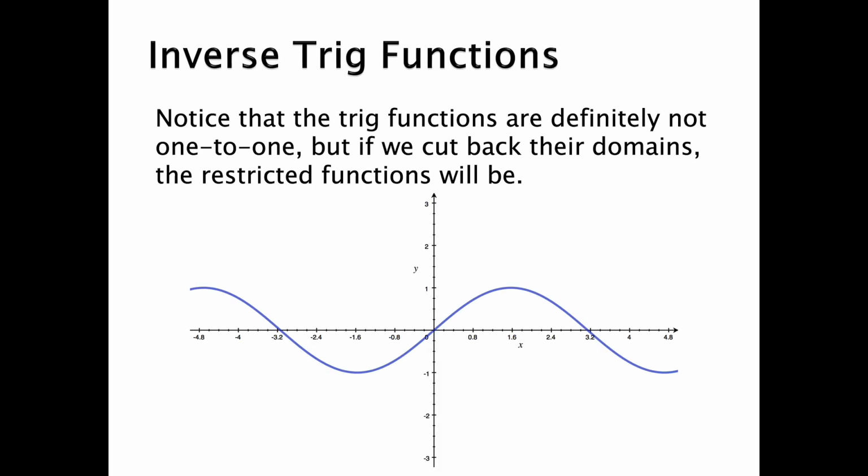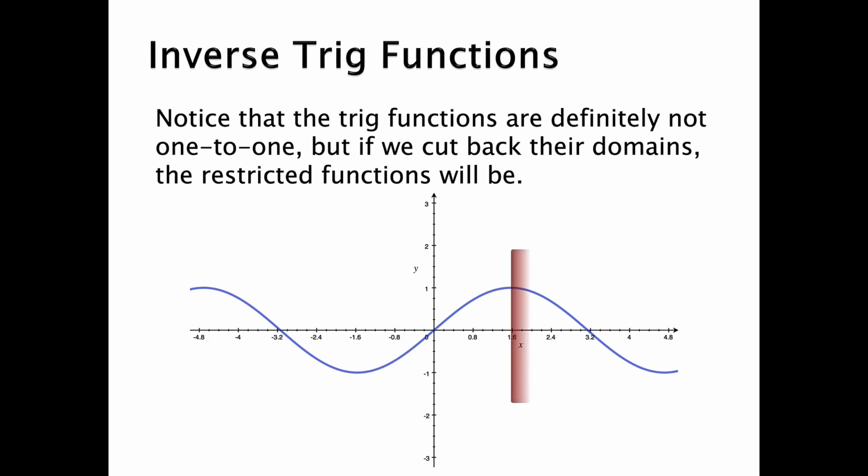Okay, so I mentioned we've done some really cool things with functions and with trigonometric functions. If you look at a graph of, say, sine of x, remember that sine is a wave, right? Its graph is definitely not one-to-one. If you draw a horizontal line through that, it's going to hit that graph infinitely many times as the wave goes up and down. So we can't find an inverse function as it is.